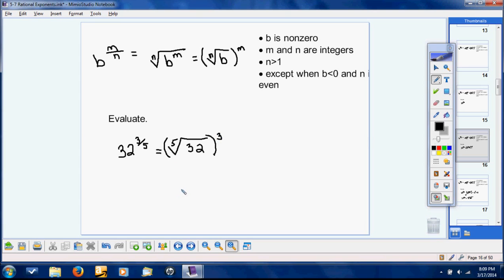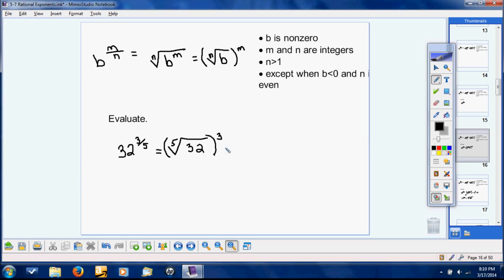Now I specifically wanted to show you this one first because for this problem it's going to come out more easily than the alternate method. You'll see why in a minute. The 5th root of 32. 32 is 2 times 2 times 2 times 2 times 2.